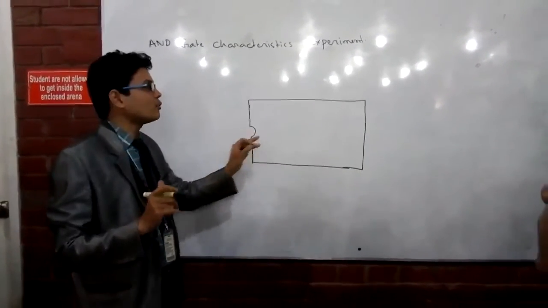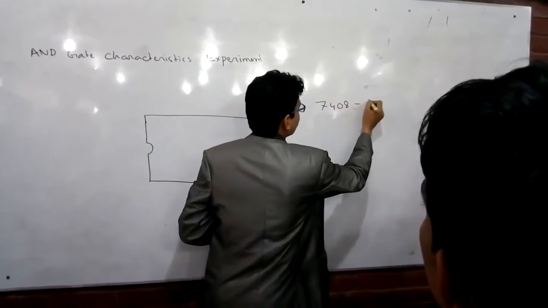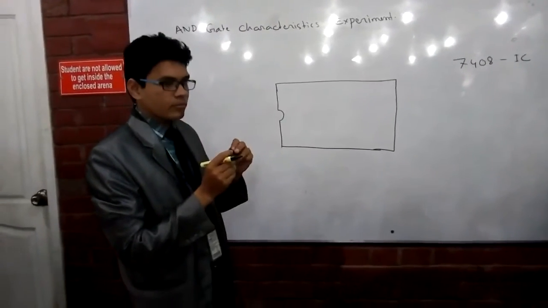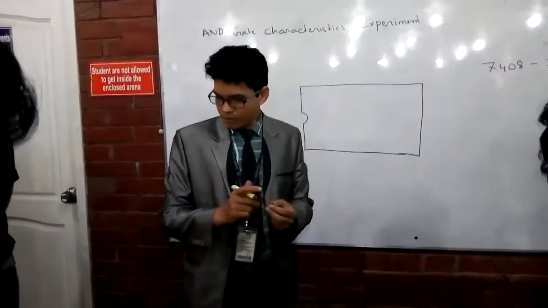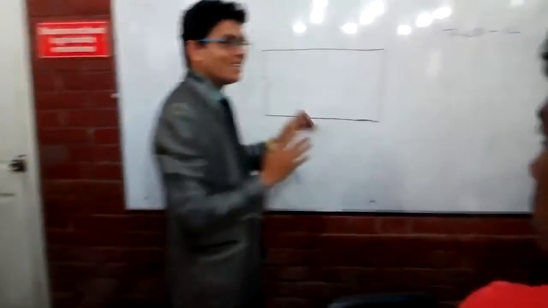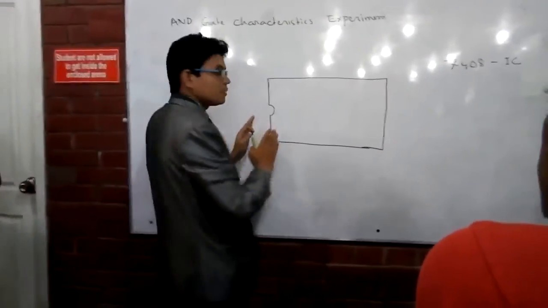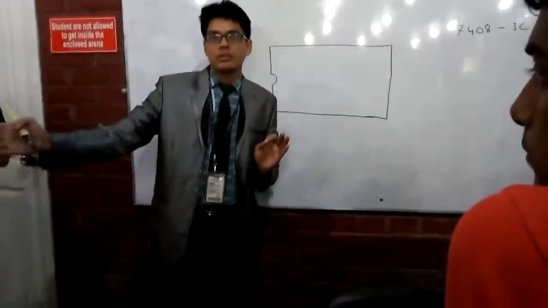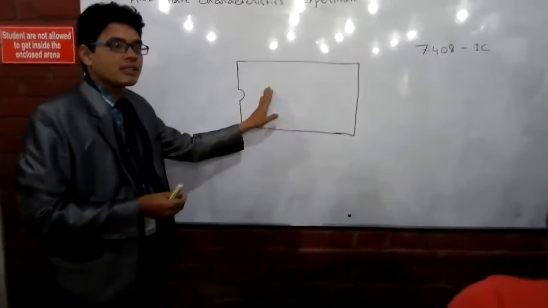Maybe for the AND gate we are using the 7408 IC. I'll give you some ICs, but listen to me first, and then we'll have a look. Every IC has 14 pins.